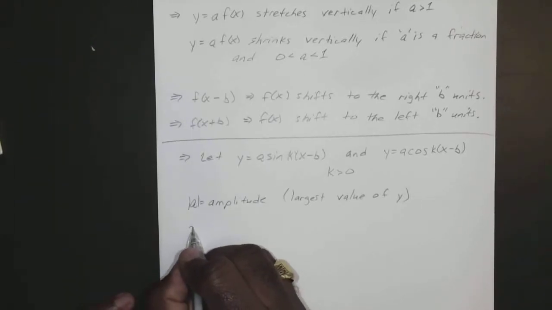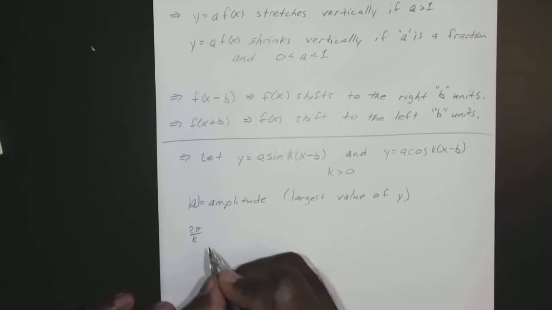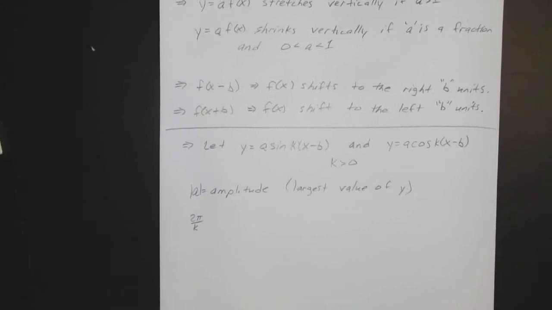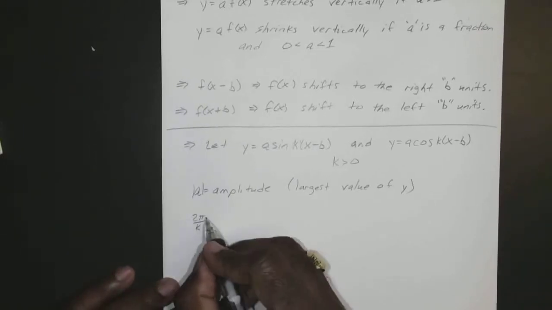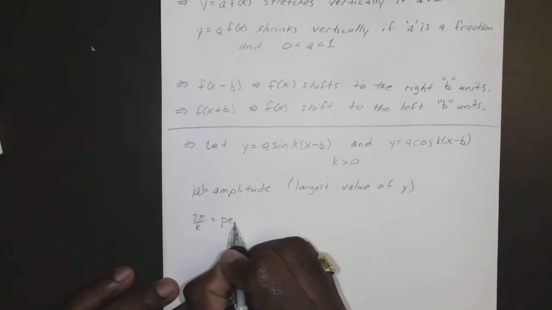Now 2 pi over k, that's the period. That means just how far or how much space it takes to go from 0 up to 1 and then down to 0, then -1 and back up to 0. That one complete cycle, that's how many you'd have in there. So 2 pi over k is your period.